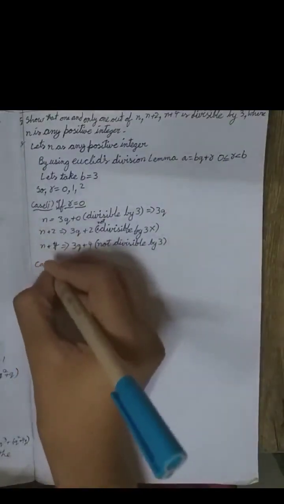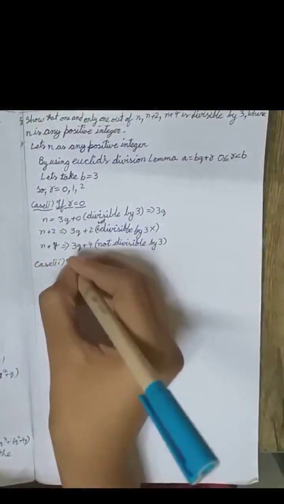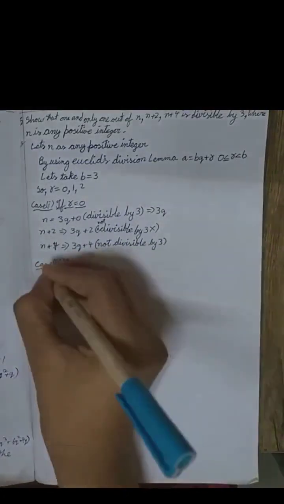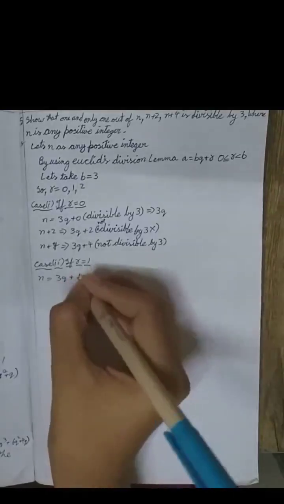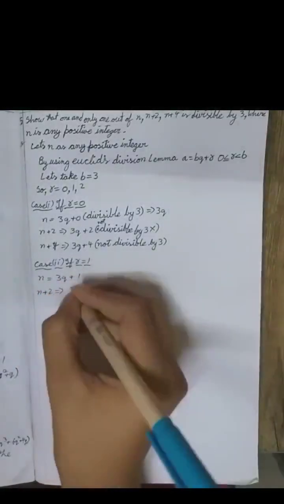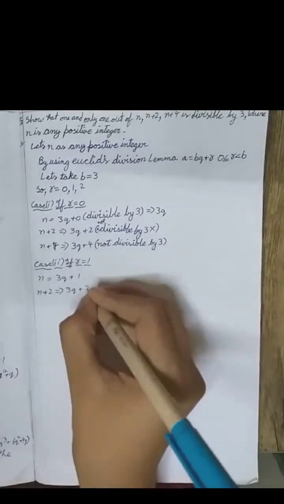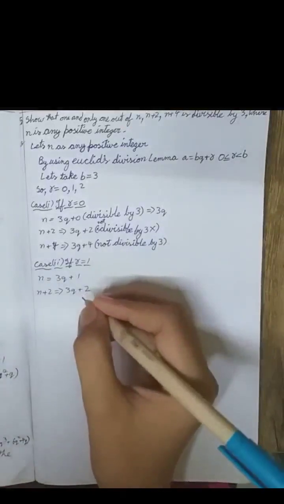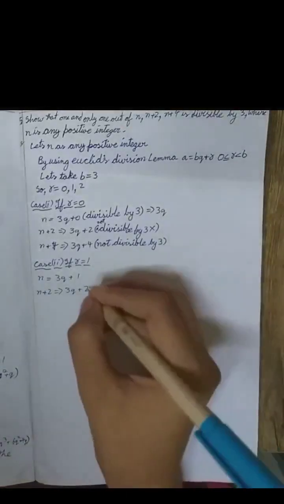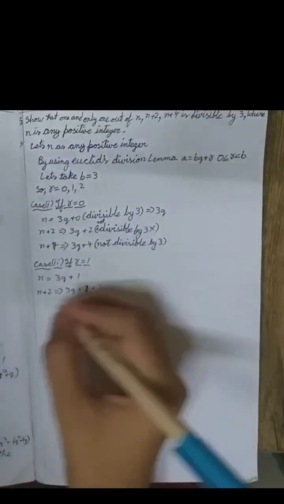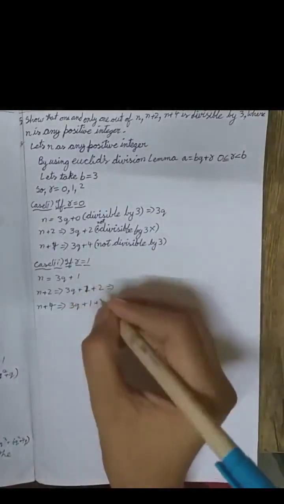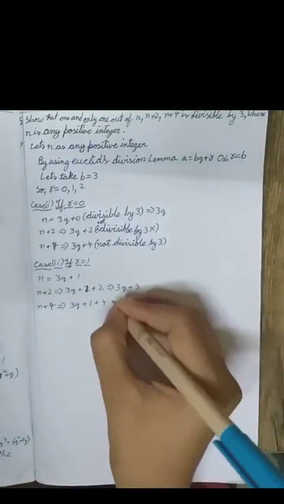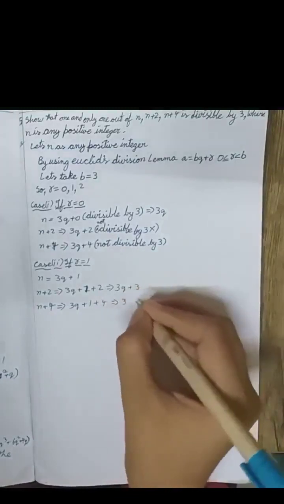Now case 2. If r is equal to 1, n is equal to 3q plus 1 and n plus 2 is equal to 3q plus 1 plus 2, and n plus 4 is equal to 3q plus 1 plus 4. 3q plus 1 plus 2 is equal to 3q plus 3 and 3q plus 1 plus 4 is equal to 3q plus 5.